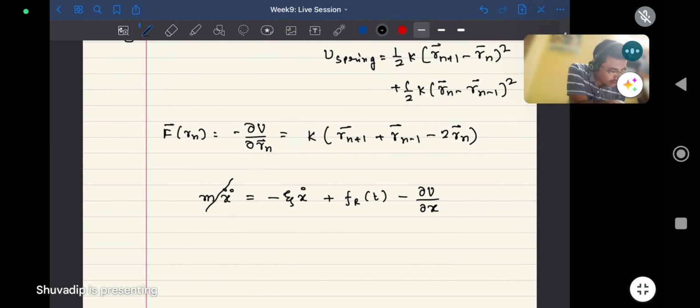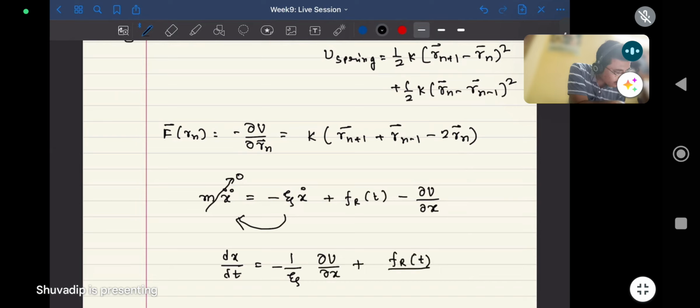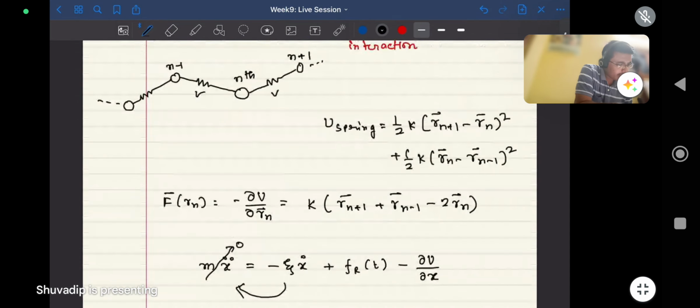Now this term is 0 here, and we'll take this term to the left hand side, and then we get dx dt equal to minus 1 by xi del U del x plus f of R t by xi. We'll write the last term f of R t by xi as v of R, some kind of velocity: dx dt is minus 1 by xi del U del x plus v of R. So you can see that essentially this is an extension of the bead spring model which accounts for the thermal fluctuation.